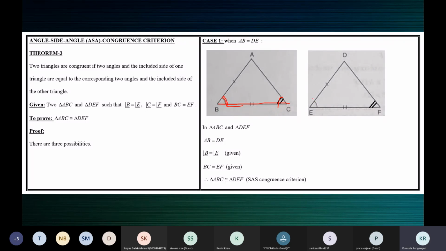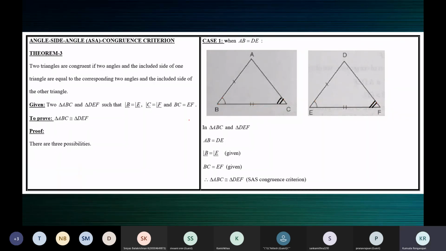Angle B is equal to angle E and angle C is equal to angle F, and the included sides are also equal. The included side in the first triangle is BC, and in the second triangle it is EF. BC is equal to EF. Given this, we need to show that the triangles are congruent to each other.